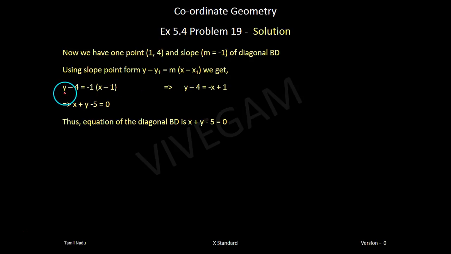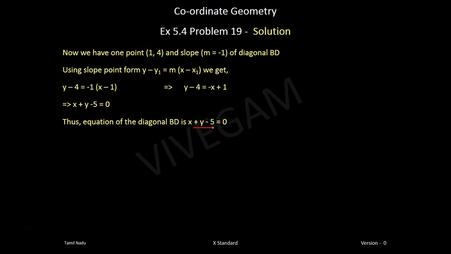And simplify this, y minus 4 will be equal to minus x, and minus into minus will become plus, so plus 1. So you bring this x this side, so it will become x plus y minus 4 minus 1 equal to 0. So x plus y minus 5 equal to 0 is the equation of the diagonal BD.